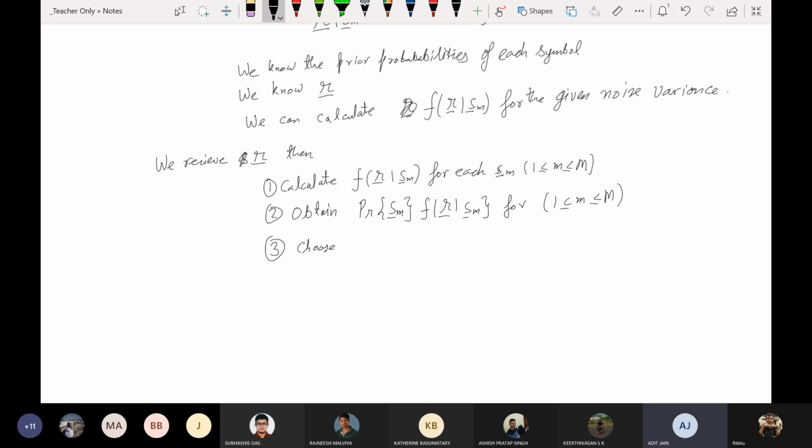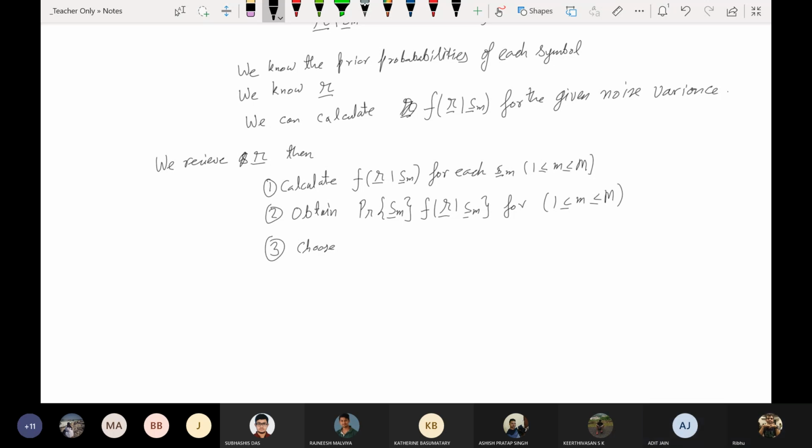Sir, but wouldn't F of R given Sm depend on eta, and eta is changing? The problem that we have is that we do not know eta. We cannot know eta. We don't know noise. Noise is random.